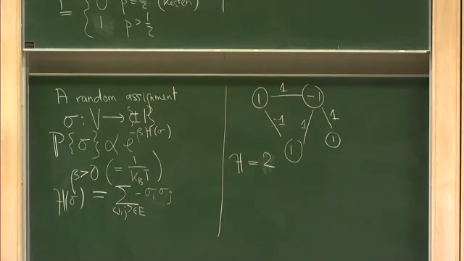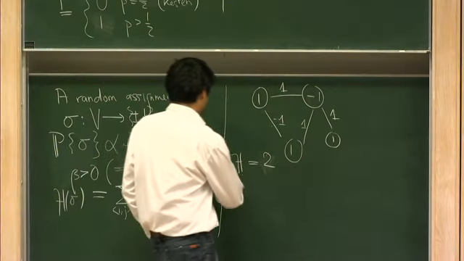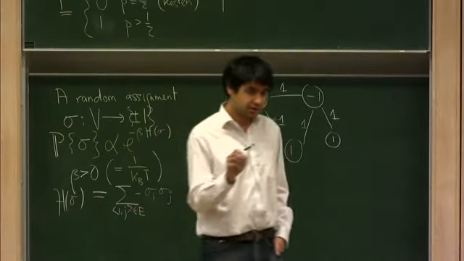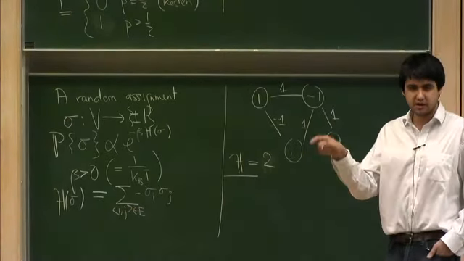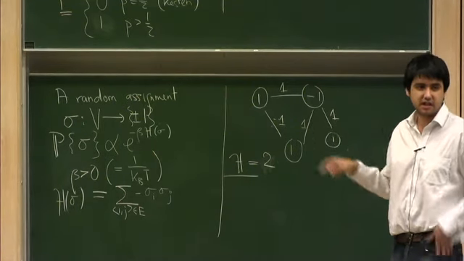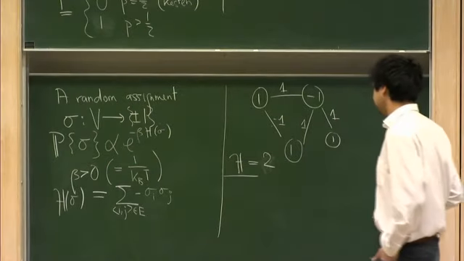Now let's say something interesting about the Ising model on Z2. So the way we are going to understand the Ising model on Z2 is by considering a sequence of graphs that discretize a finite domain of the plane.